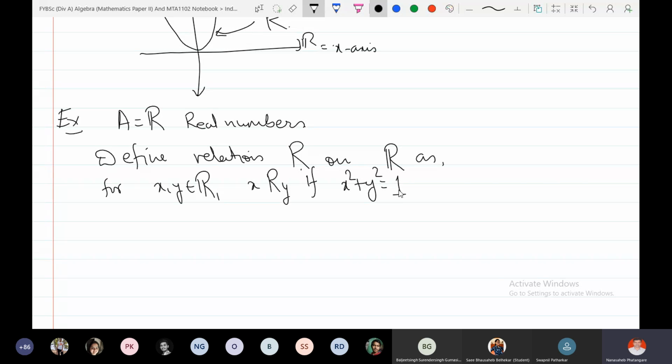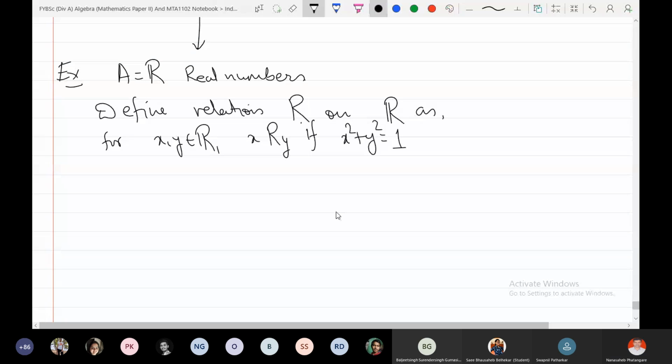So when two elements are related, then their sum of squares is 1.